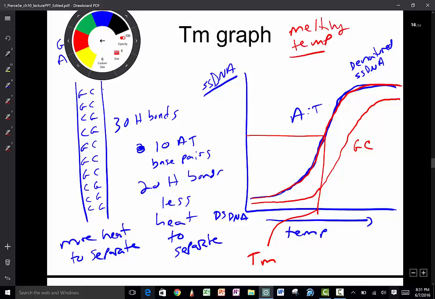So the melting temperature is the point at which 1/2 of the DNA has been denatured. And then this would be the Tm of the other one. And so the Tm of the GC-rich DNA is higher than the Tm of the AT-rich DNA. And so that comes into play in lots of different applications when you're working with DNA.